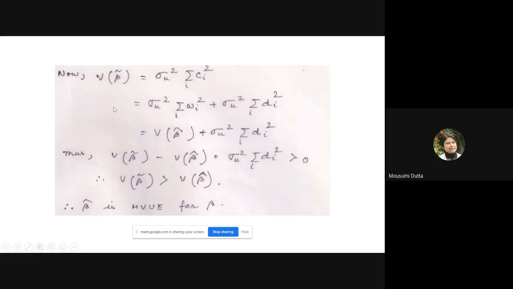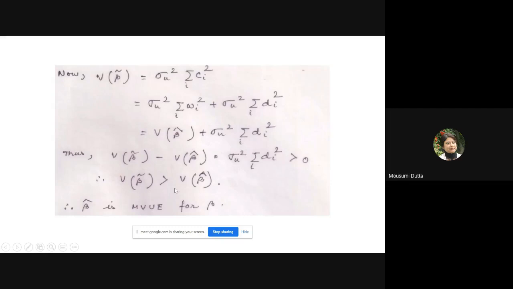Okay, so variance of beta tilde is sigma u square summation ci square, which is equal to sigma u square summation wi square plus sigma u square summation di square. Sigma u square summation wi square is the variance of beta hat OLS, and this part is extra. So variance of beta tilde minus variance of beta hat is a positive quantity.